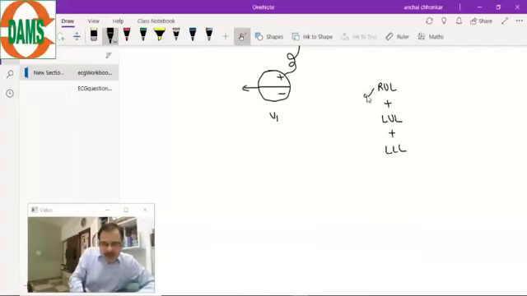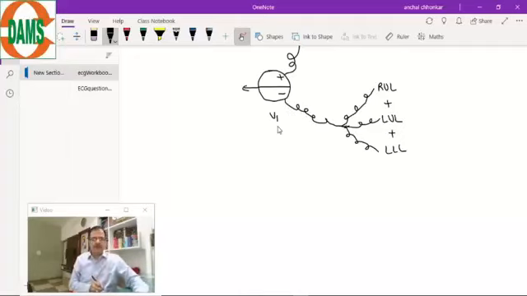From all these three limbs, we will take wire, connect them into a single wire, and that will make the reference electrode.